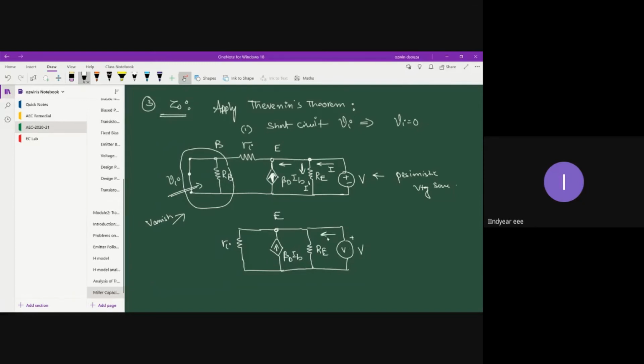So this is I, and this is I dash. And this current we can take as IB because that's the base current, right?